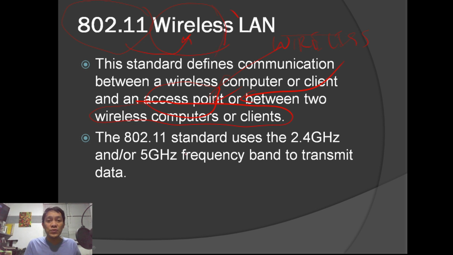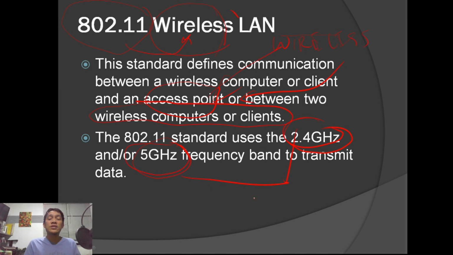And usually the 802.11 standard uses the following frequencies: the 2.4 GHz and the 5 GHz. That is why there are dual band routers. The old ones only operate on the 2.4, while the new ones are on 5 GHz.